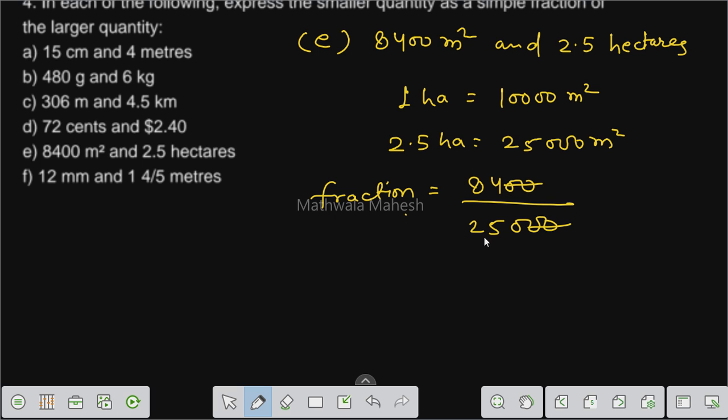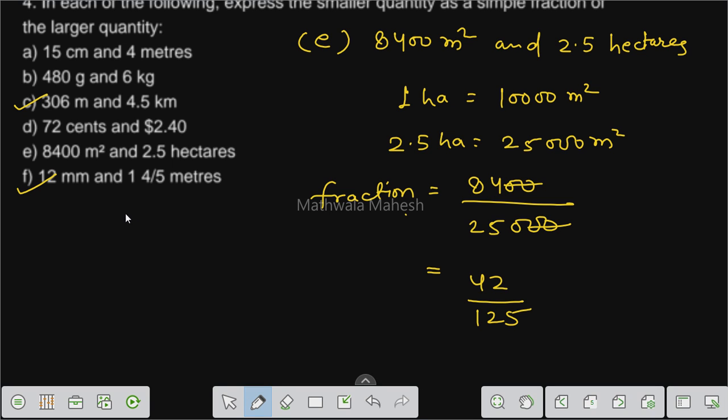Cancel 20 to 20, and if we divide further, then we will get 84 upon 250, and if we divide by 2, 42 upon 125. Okay, this one is the correct answer.